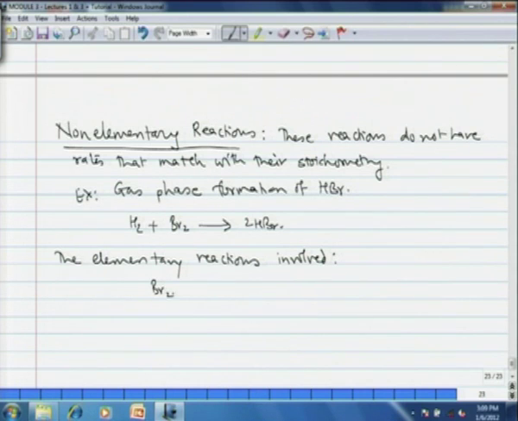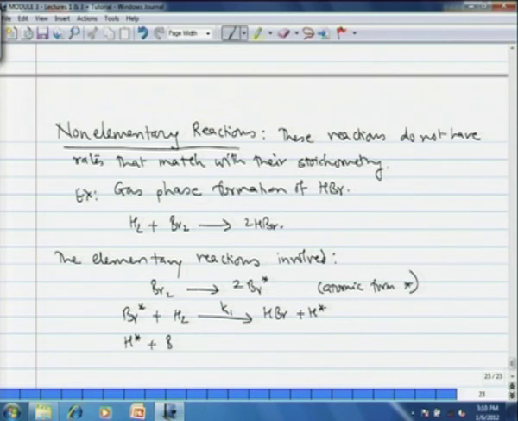First, bromine dissociates to give atomic bromine, which we denote by superscript star. Br star reacts with hydrogen, let us say with rate constant denoted by K1, to give HBr plus H star.